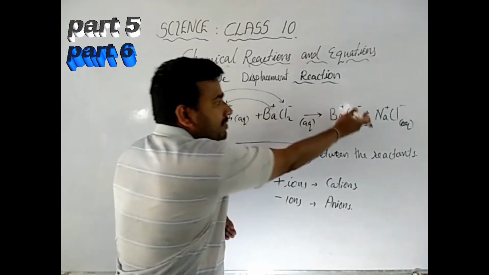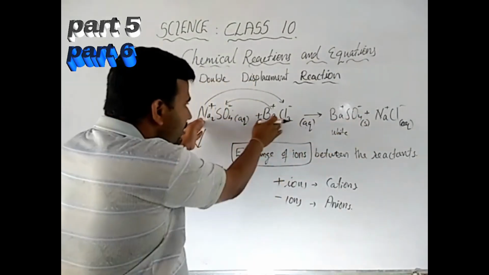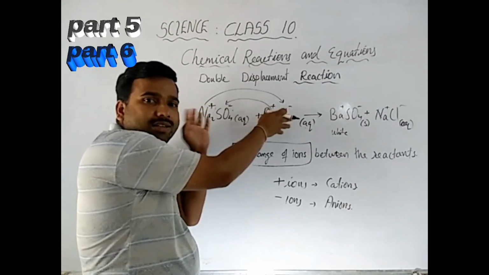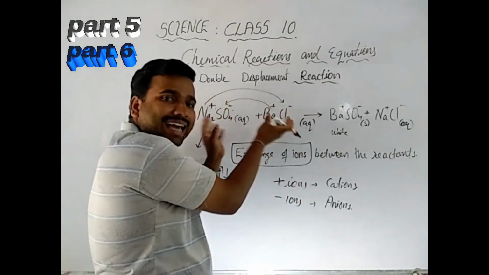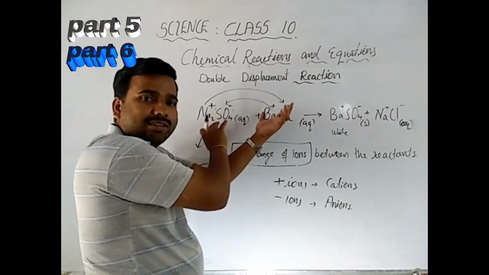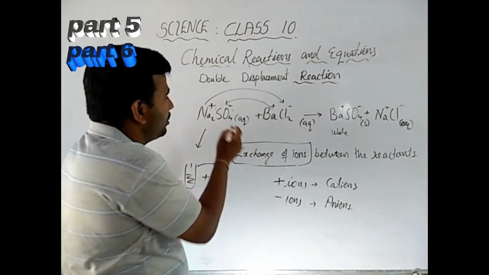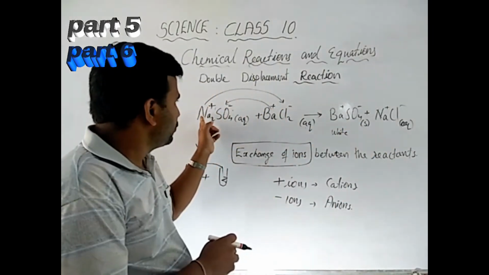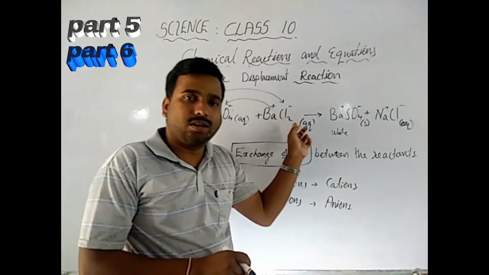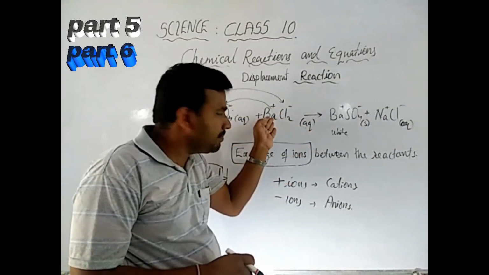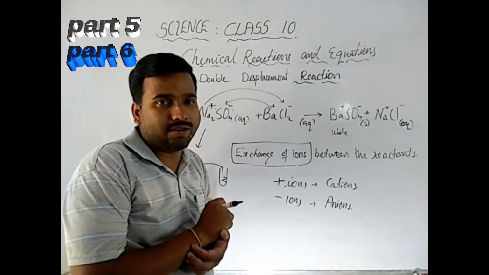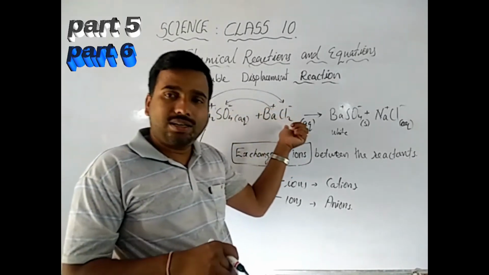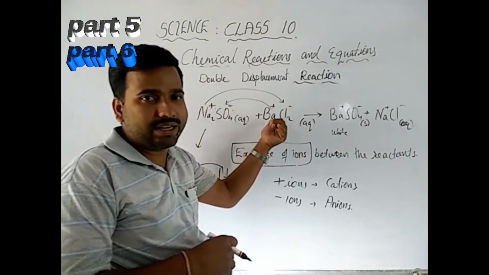When these two solutions got mixed, these two reactants exchanged their ions to form the products. Here sodium is taking chlorine, at the same time barium is taking sulfate. Barium is displacing sulfate from sodium, gaining the sulfate radical.